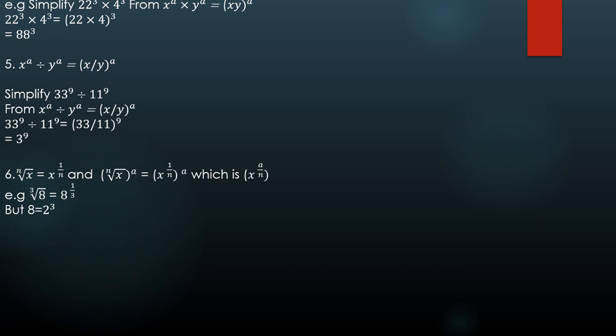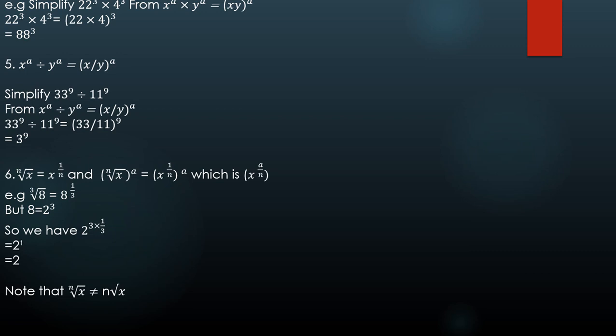So I can write my 8 as 2 raised per 3. So when I'm writing it, I have 2 raised per 3 times 1 over 3 that was already there. So 3 and 1 over 3 will cancel out, as in 3 divided by 3 will give me 1. So I'll have 2 raised power 1, which is equal to 2. So you can see the application here.